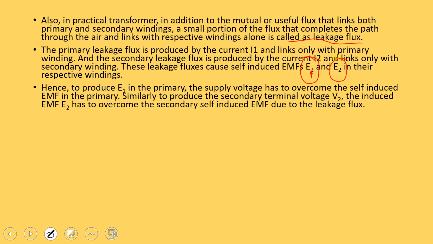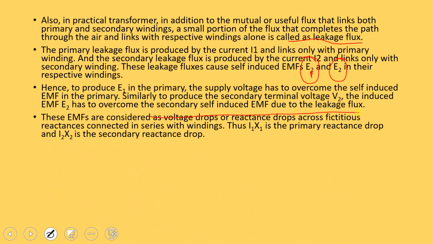Hence, to produce E1 in the primary, the supply voltage has to overcome the self-induced EMF in the primary. Similarly, to produce the secondary terminal voltage V2, the induced EMF E2 has to overcome the secondary self-induced EMF due to the leakage flux.